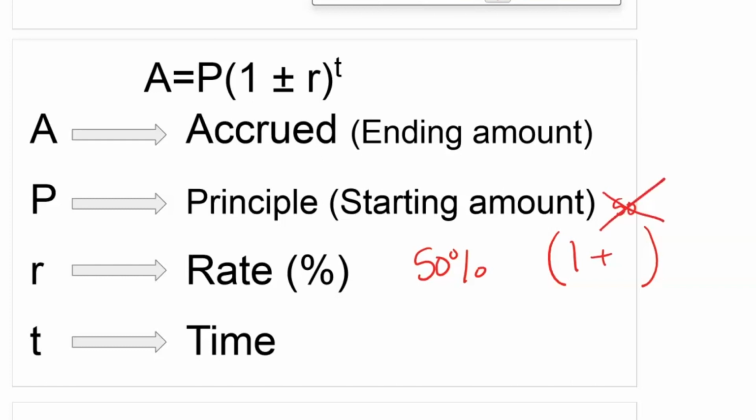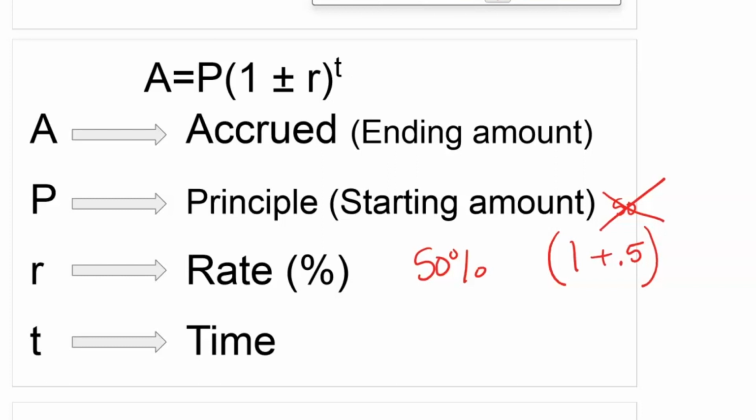A lot of students make that mistake. If the rate is 50%, you're not going to write the number 50. You're going to write the decimal 0.5, because 50 and 50% are two very different things. So just remember to change that percent to a decimal when you're plugging it into the equation.